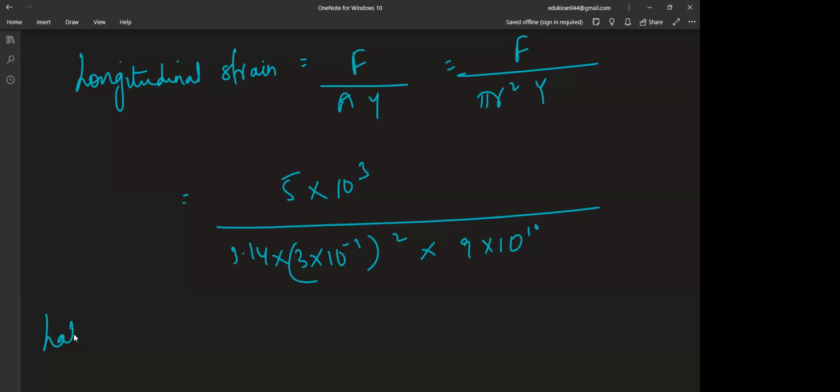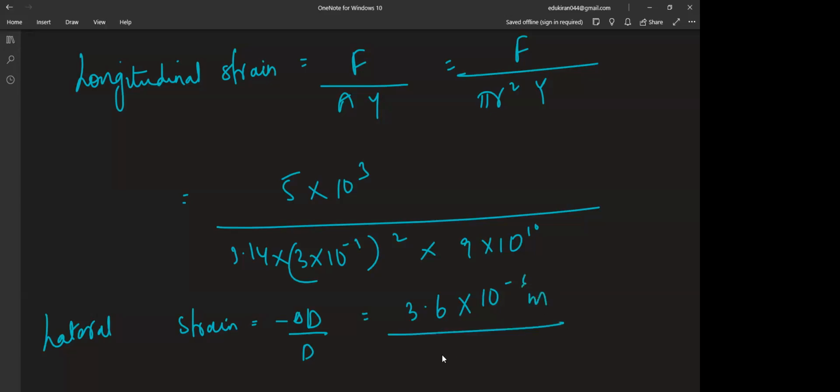Now lateral strain. Whenever you are calculating the lateral strain, that is minus delta d by d. What is the change in diameter? 3.6 into 10 to the power minus 6 meters. And diameter was 6 millimeters, so 6 into 10 to the power minus 3 meters.